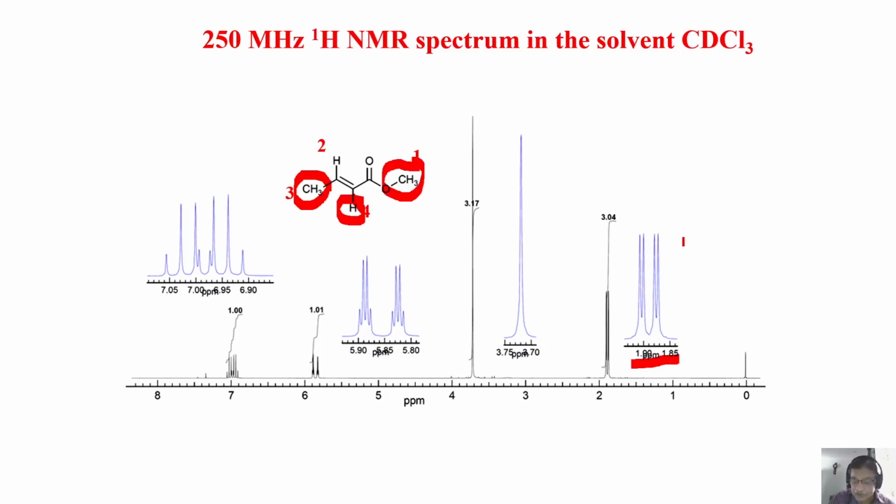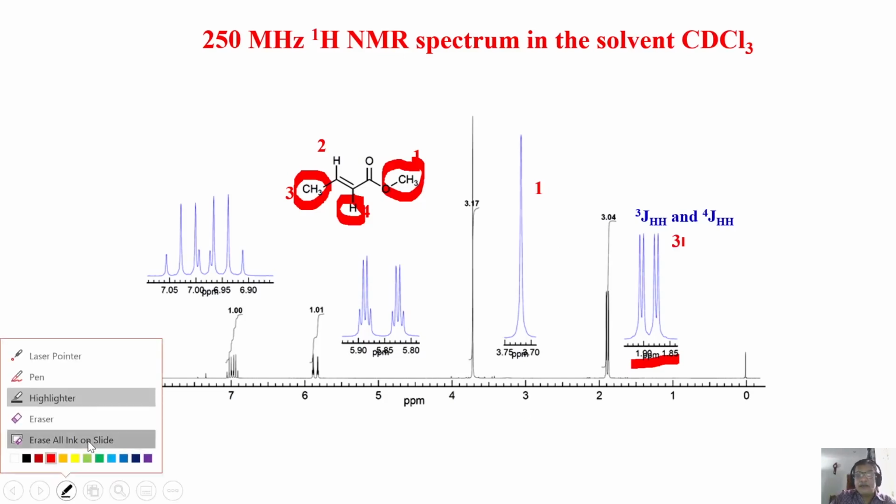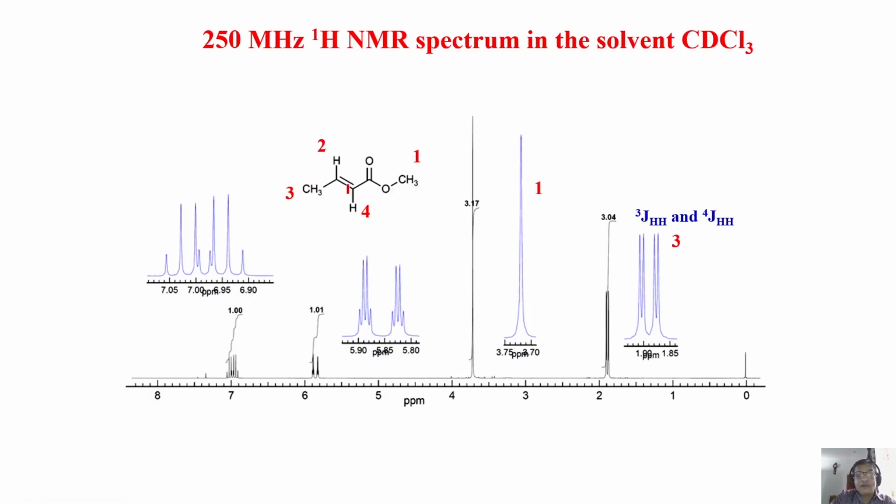Okay, now let us go to the next one. This is assigned, and this is also assigned in this case. If I remove the highlighter, you will understand more. Now this is proton 3, I will correct, because this experiences 3JHH between 2 and 3, and 4JHH between 3 and 4. So this is 3-4 coupling, this is 2-3 coupling.